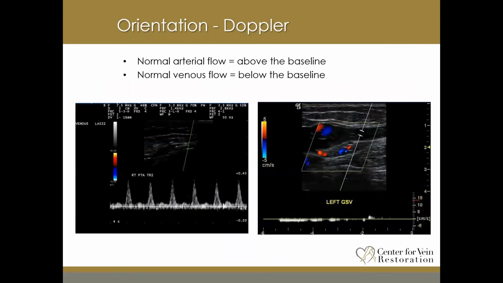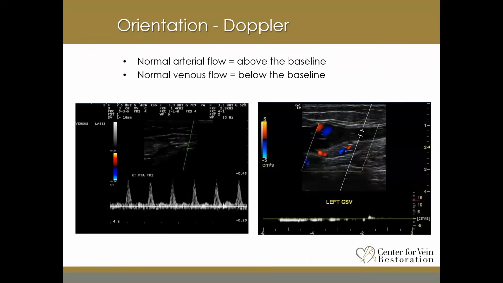We also try to properly orient our spectral, our Doppler signals. Antegrade means properly directed. It means that the flow is going in the proper direction, the correct direction, not towards the transducer. Retrograde means improperly directed. So it's not going in the right direction.